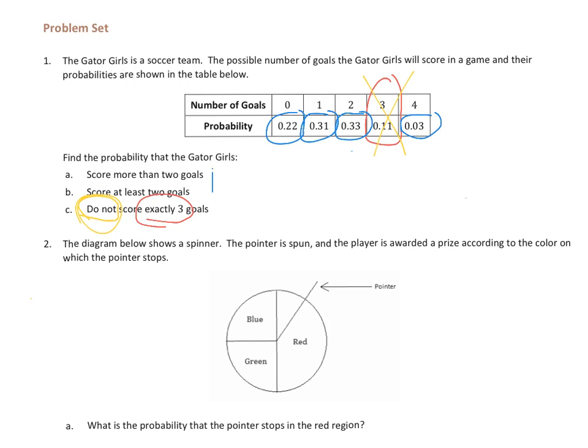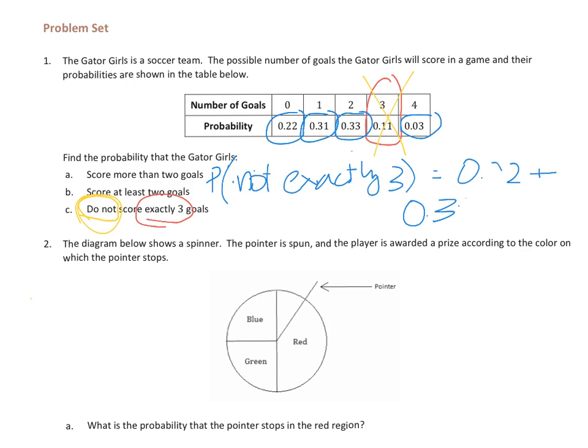If I add those together, I'll have the probability of not scoring three, and that'll be 0.22 plus 0.31 plus 0.33 plus 0.03, and that gives me a grand total of 0.89. So the probability that they do not score exactly 3 goals is 0.89.